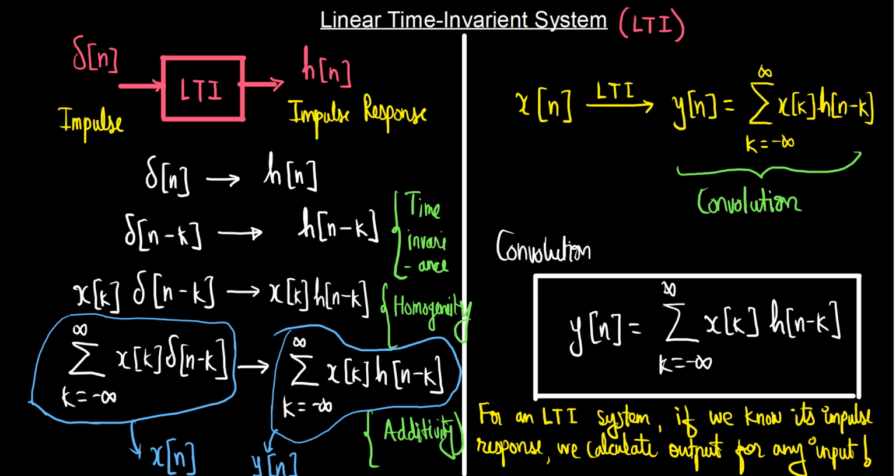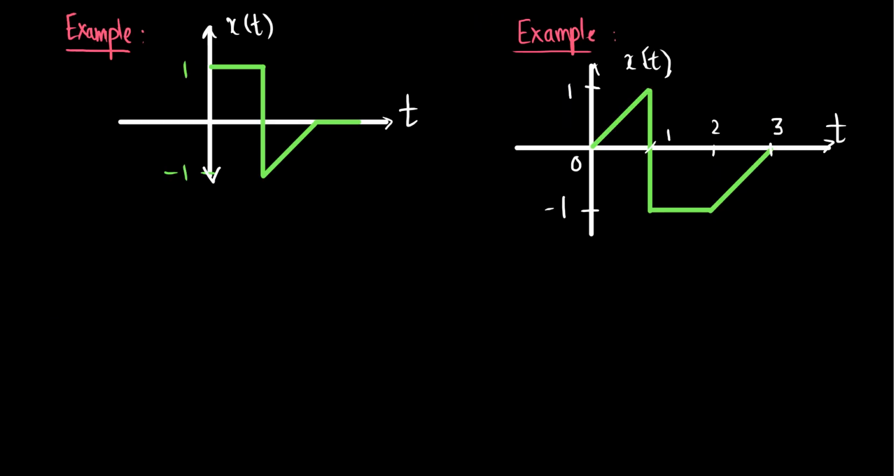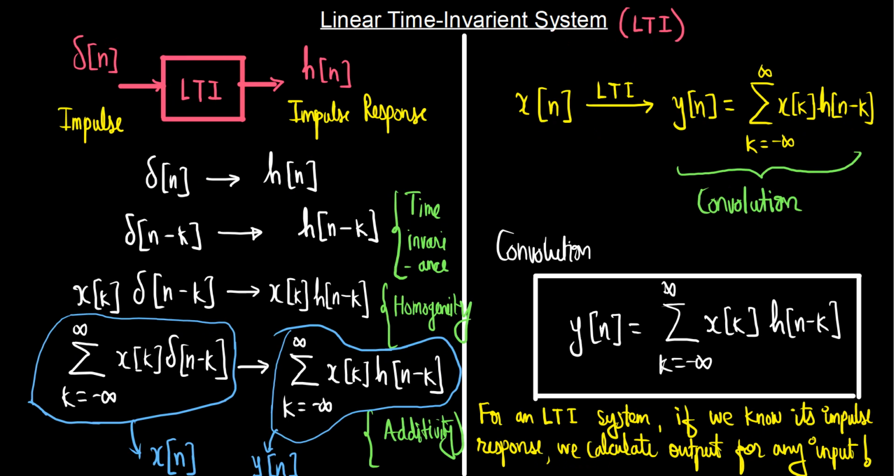So it simply specifies the relationship of input with the output. Now here, let me write that. So x is the input, h is the impulse response, whereas y is the output.